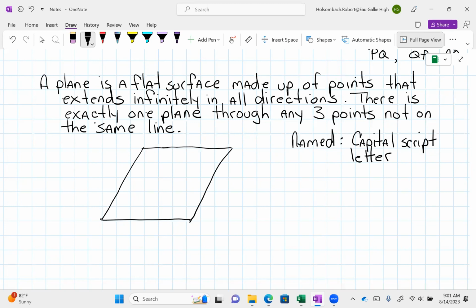In this case, they're using K. You could also name a plane using 3 points. Not on the same line.